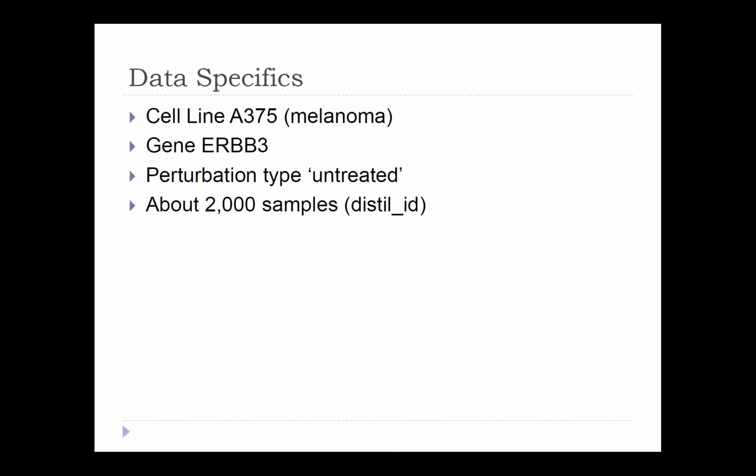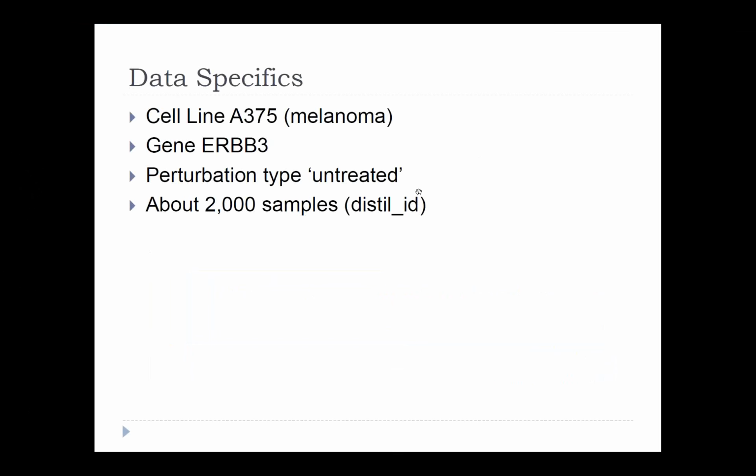And so, kind of semi-randomly, I picked a particular cell line and a particular gene to look at, the cell line A375 and the gene ERBB3, mainly because there's a lot of data for this particular combination.